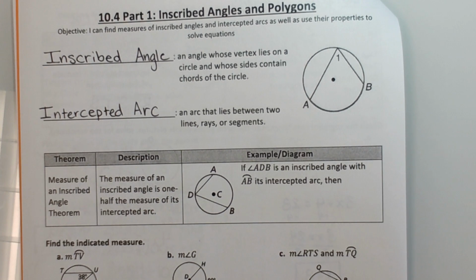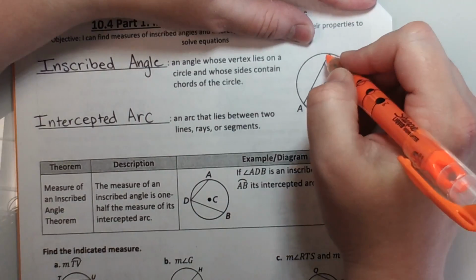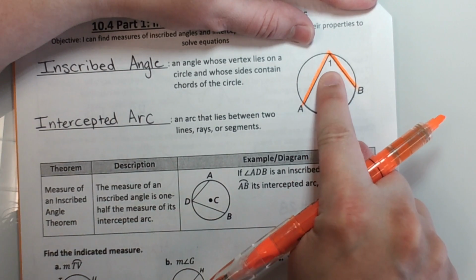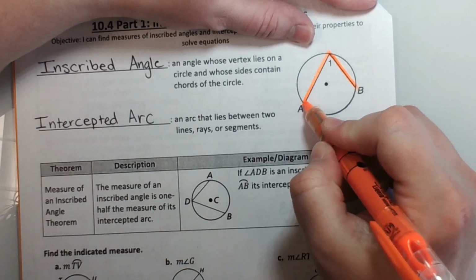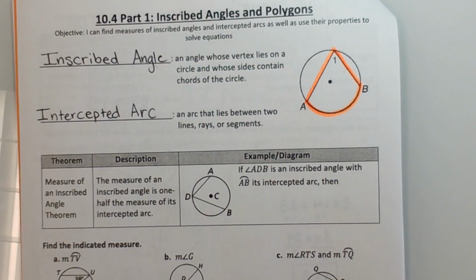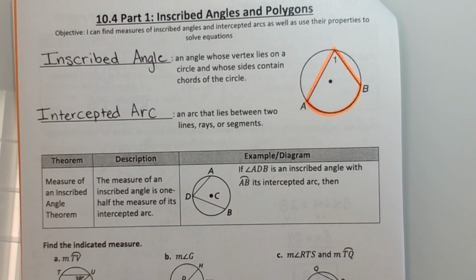It's a similar idea with inscribed angles. I've got my angle here, angle 1. This is its intercepted arc.